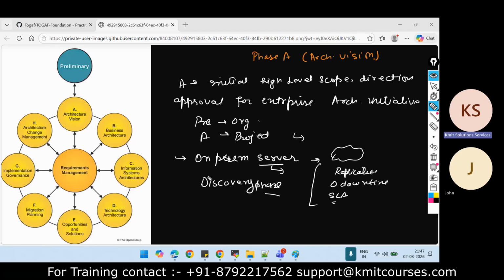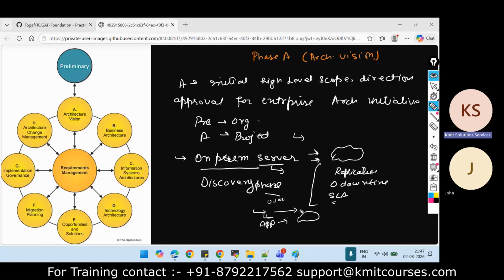Okay, so an example: what we need to achieve is that on-premises environment servers are to be migrated to the cloud-based environment. How will we achieve it? Not detailed, first of all. It is a very high level architecture roadmap that is getting created. So how we will achieve it: there will be users, and we need to migrate their application to the cloud-based environment, right?